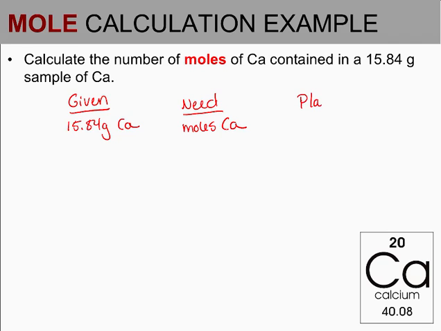Our plan of attack is to go from grams to moles. Remember earlier we saw that the molar mass of calcium is in units of grams per mole. So 1 mole of calcium is equal to 40.08 grams of calcium.